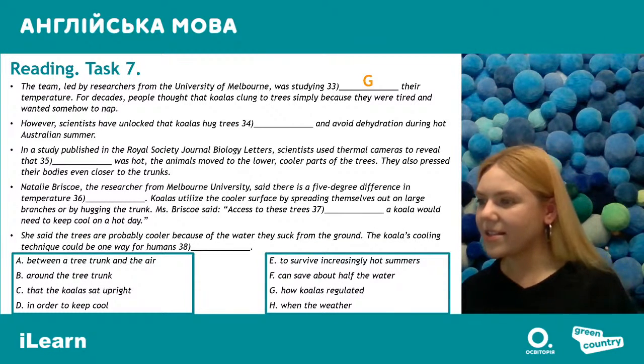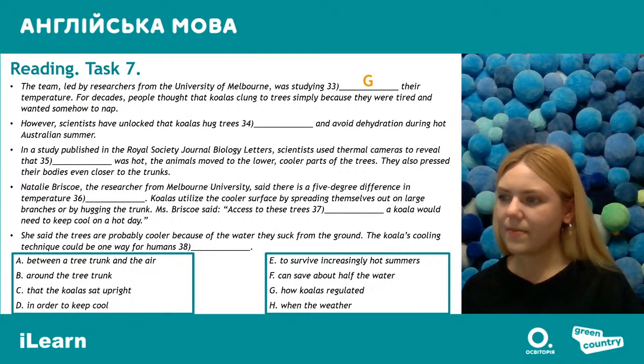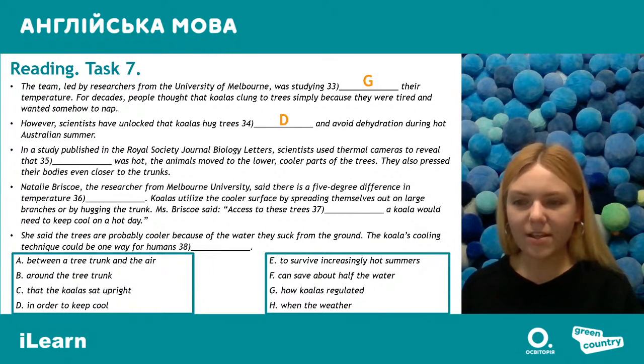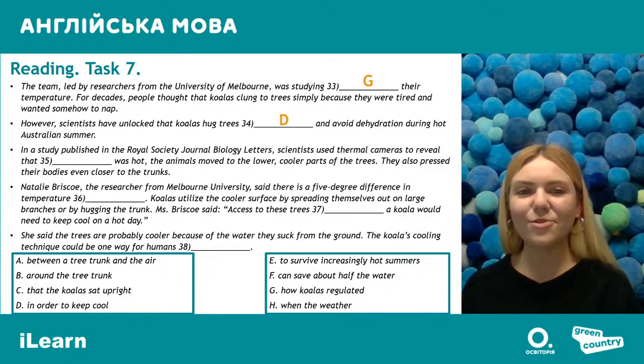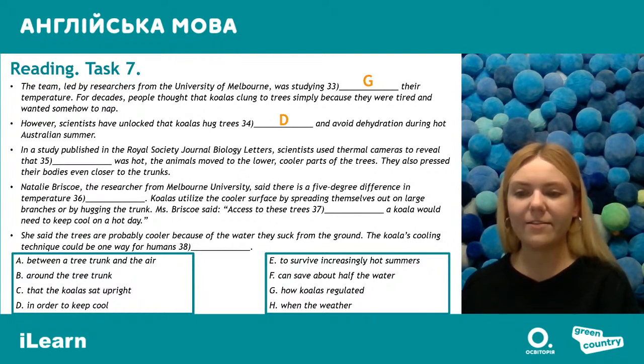Okay, I can see that a lot of you say that 34, that is H. Or 34, that is D, not H. Okay, D, that is D, right. Koalas hug trees. Why? In order to keep cool and avoid. Yeah, and that is very logical, and that is very good grammatically, because we can say in order to keep cool, so that is an infinitive.